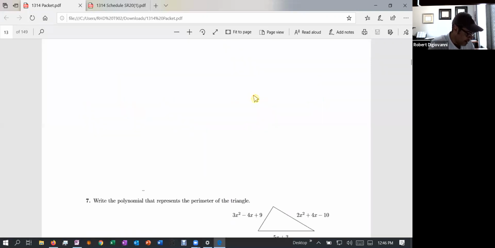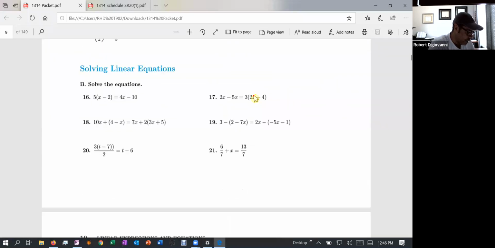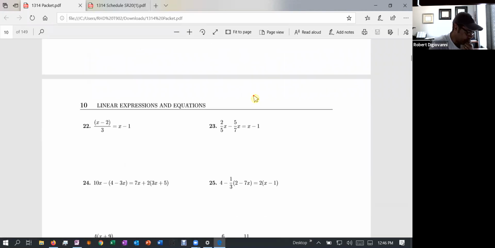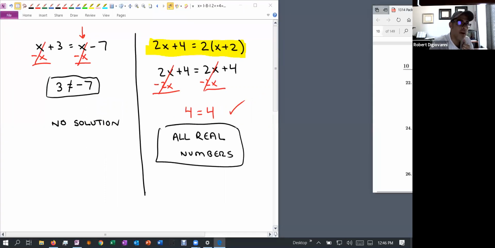Okay, getting back up here, we still have more linear equations to do. So I want to take a look at number 23.